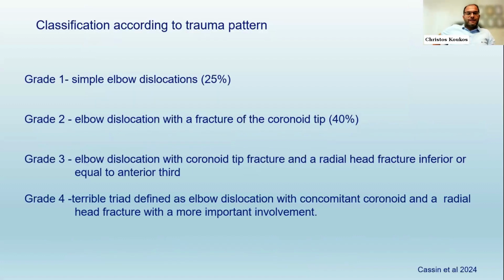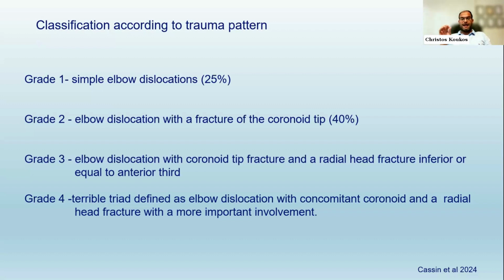He actually divided these posterior and posterolateral elbow dislocations according to the trauma pattern. Grade 1 was a simple elbow dislocation. Grade 2 was an elbow dislocation with a fracture of the coronoid tip.